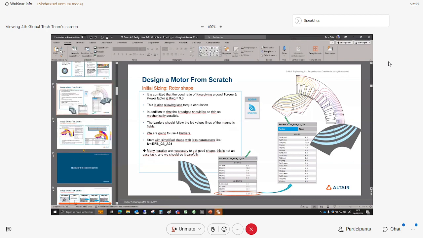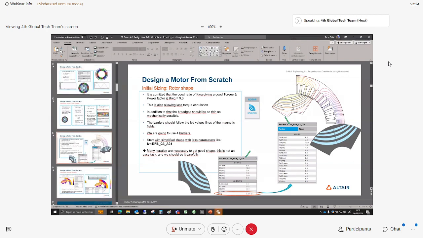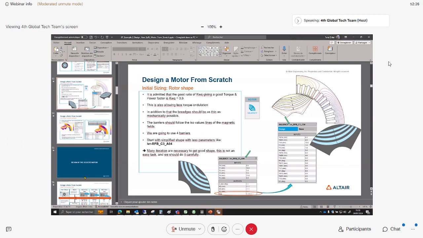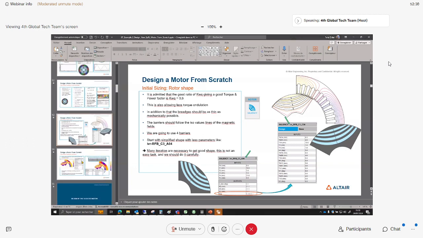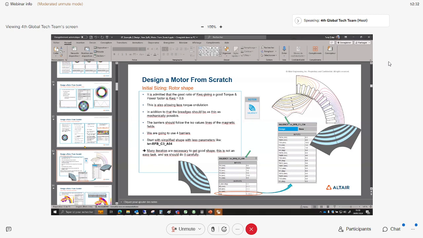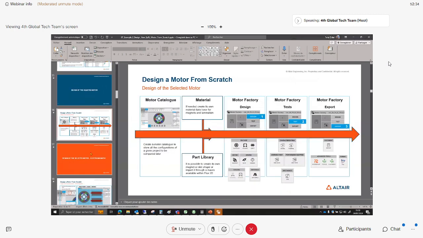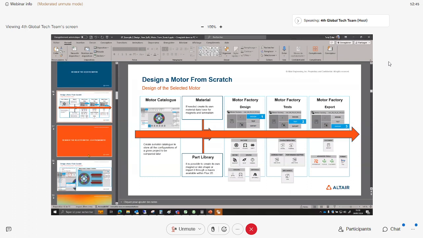Okay, then once this big step is finished, you have all that you need, right? You have the stator with the winding and so on. We can now come back to create a new project, a new candidate, and then start your analysis.